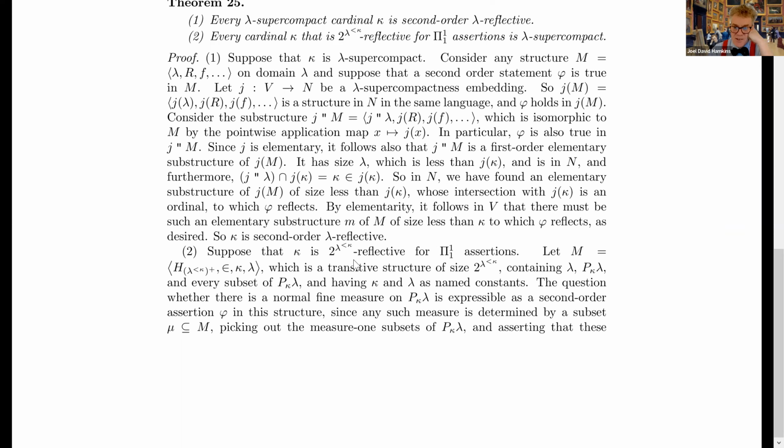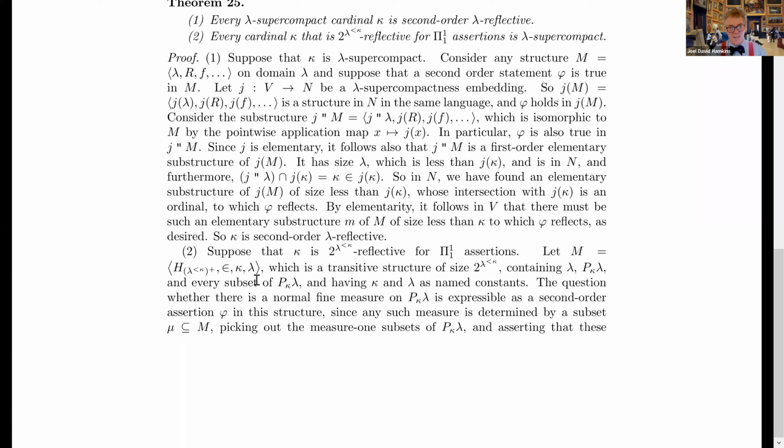So this structure has p kappa lambda in it, and it has all the subsets of p kappa lambda in it, and it has all the functions from p kappa lambda to p kappa lambda, or to lambda. And the question of whether there's a normal fine measure on p kappa lambda is a second order assertion about this structure, because you're saying, can I pick out the measure 1 sets so that it's normal and fine.